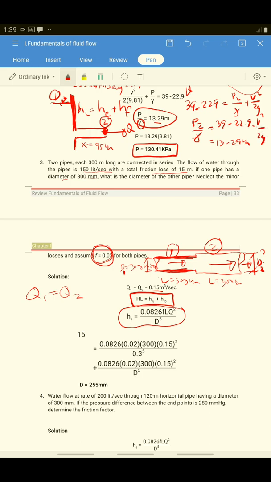This will be your equation 1: the head loss for pipe 1, and this is the head loss for pipe 2.